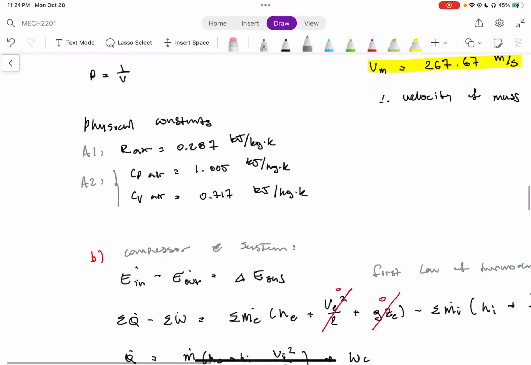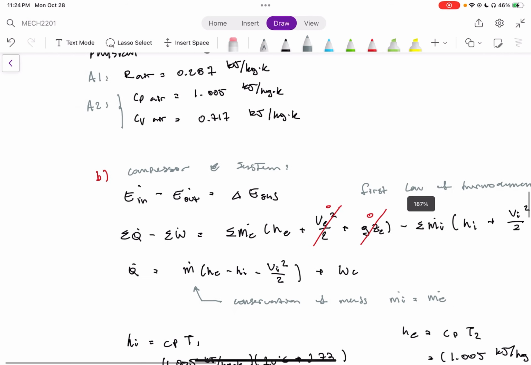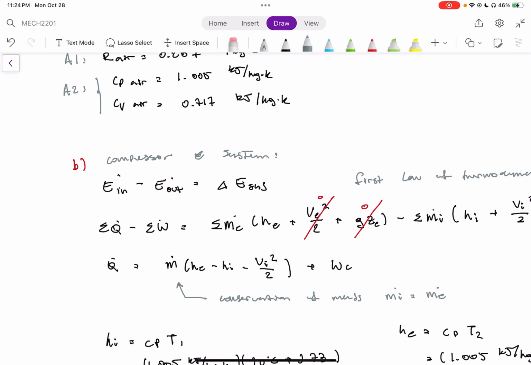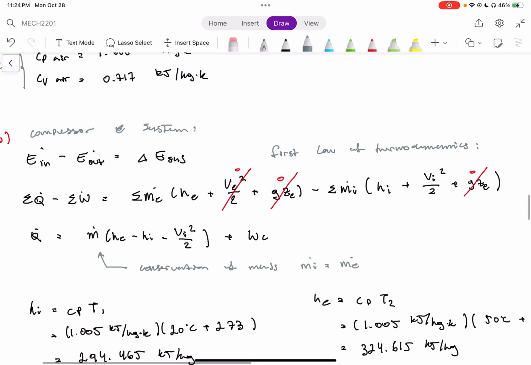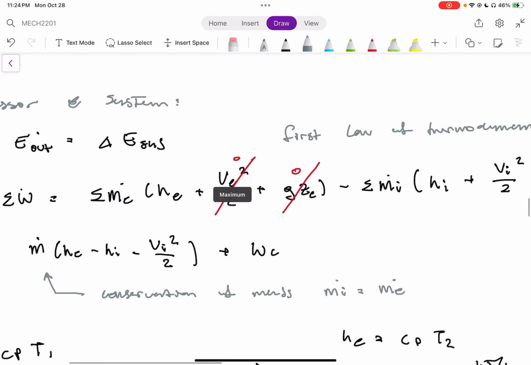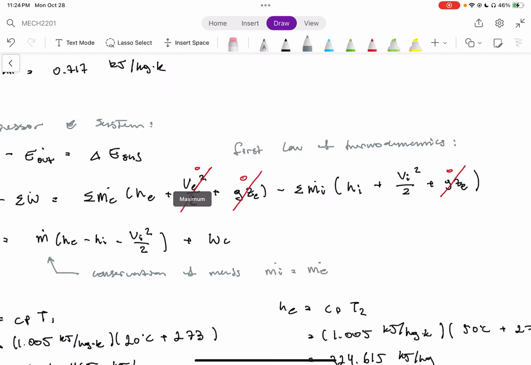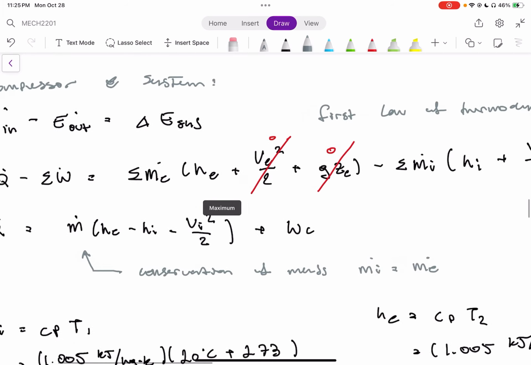Now for B, we're asked to determine the rate of heat transfer of the compressor in watts. We're taking the compressor as the system. We use the first law of thermodynamics where we cancel out both potential energies and Ve equals 0, so kinetic energy is canceled out.